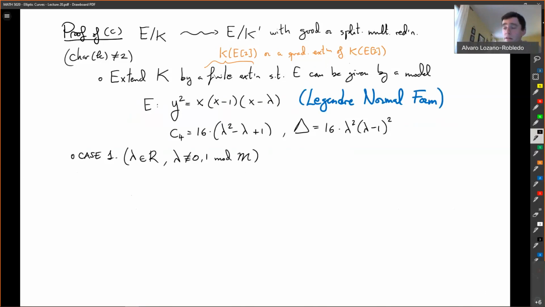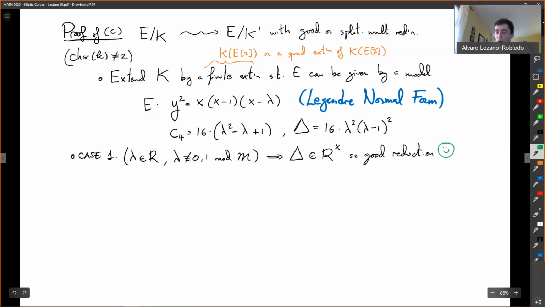If lambda is not 0 or 1, and the characteristic is not 2, then the discriminant delta is non-zero modulo the maximal ideal. So the discriminant is actually a unit. We already have good reduction, and we are there. The model already has good reduction.